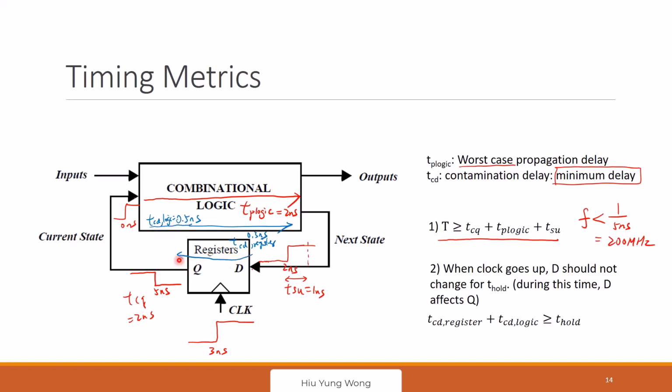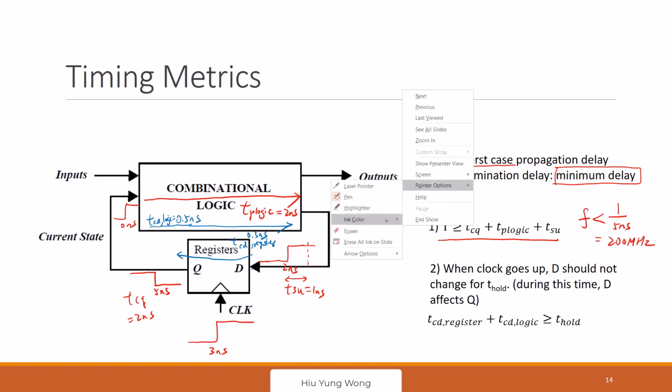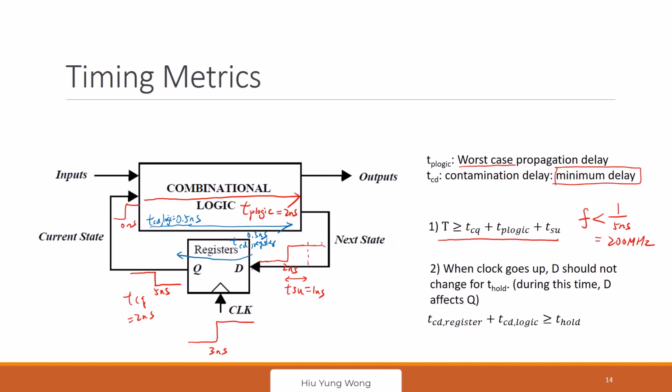I copy this one after 0.3 nanosecond, and then it propagates to there after another 0.5 nanosecond, so it becomes 0.8 nanosecond. But this one requires a hold time. I may require a hold time equal to 1 nanosecond just because of the requirement. When the clock goes up, this one needs to stay for 1 nanosecond.